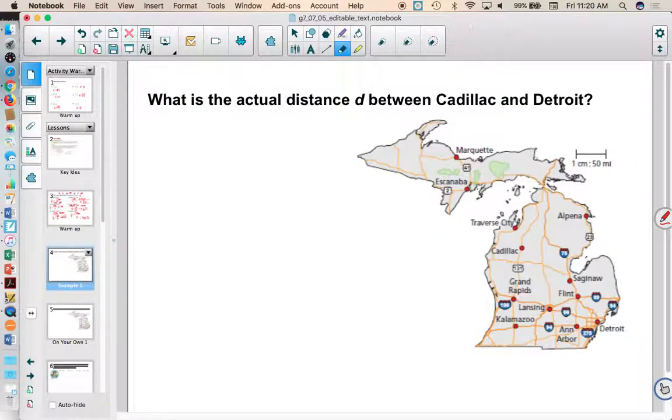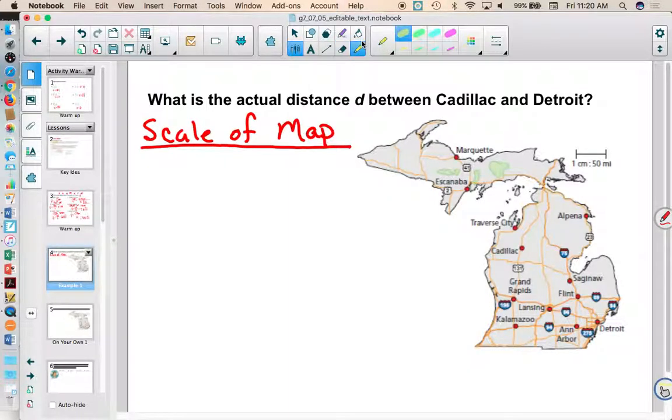So pay attention to how we write the scale. Scale of map. Pay attention to that. Make sure you know how to write it. That's going to be some of your points.